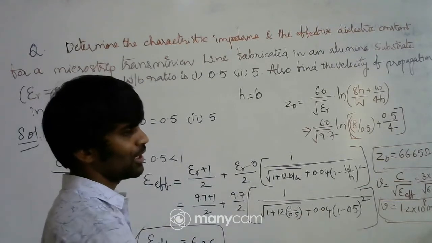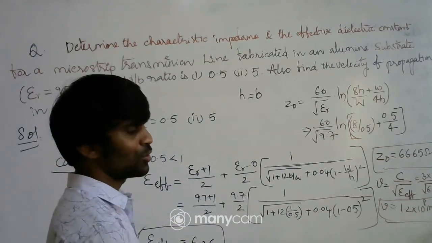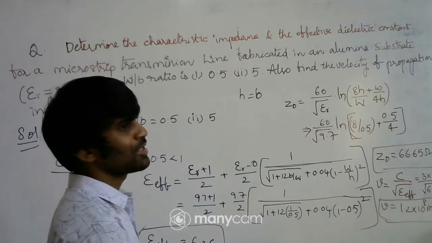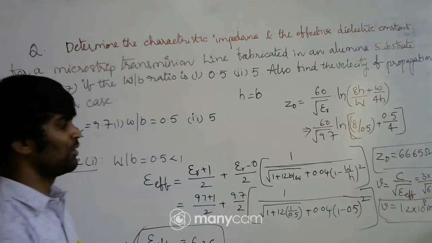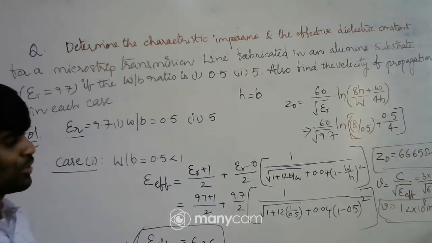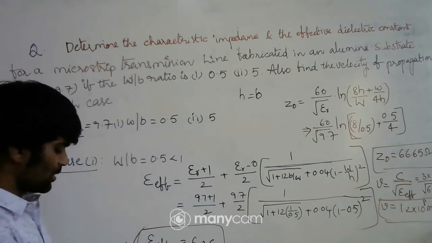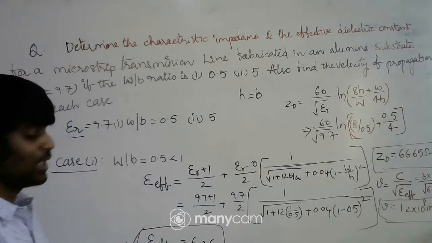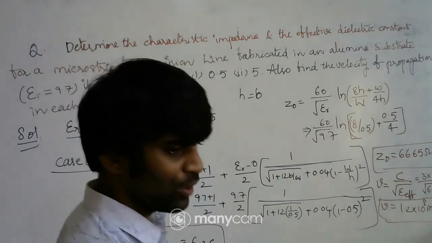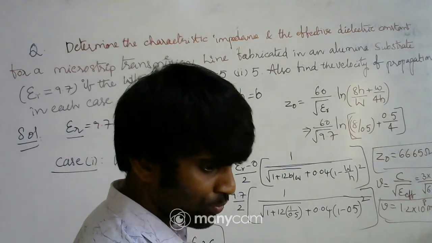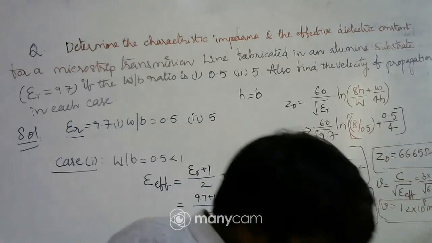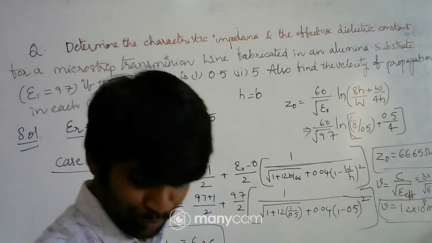The c value you know, 3 into 10 to the power of 8. Substitute both values in the velocity of propagation, then you will get v equal to 1.2 into 10 to the power of 8 meters per second. So this is for case 1. What about case 2?